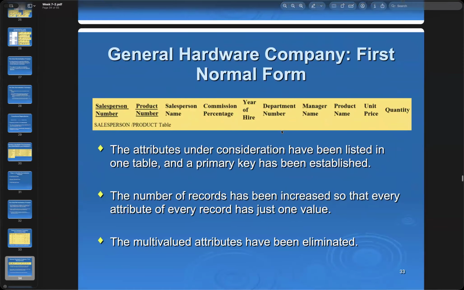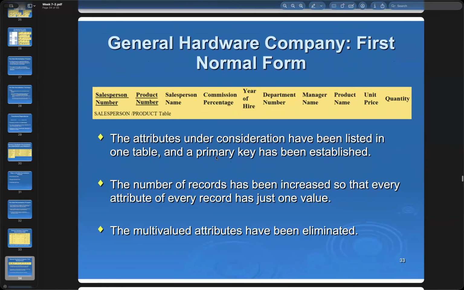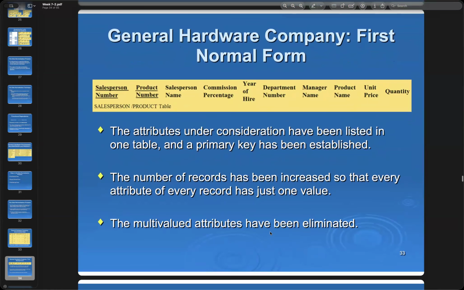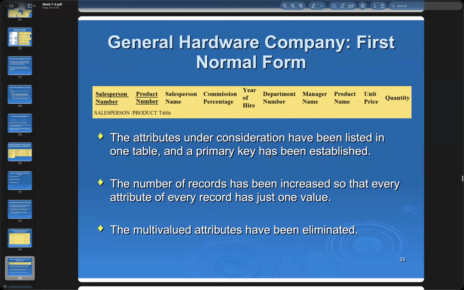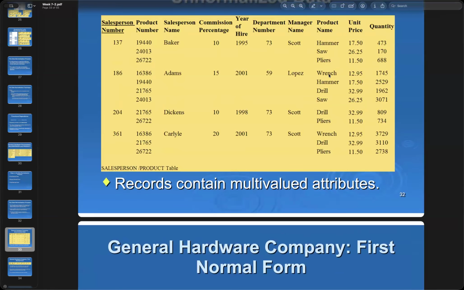When we do the first normal form, the attributes under consideration are listed in one table, and a primary key has been established. Make sure the number of records is increased so that every attribute in every record has just one value. Be careful, just one value. The multi-value attributes are eliminated, so we remove all these multi-values. That will be the first normal form.